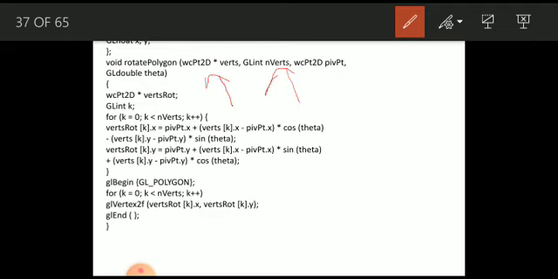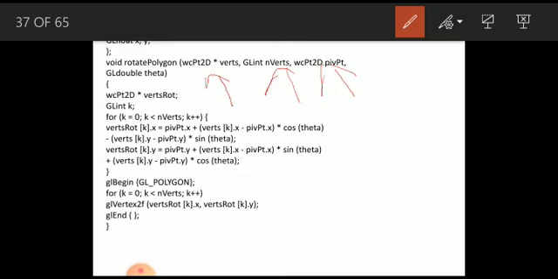Then we have another point, which we call a pivot point, or in my previous video I have referred to it as the reference point. Right. You also need to know what is the reference point from where this rotation is initiated.